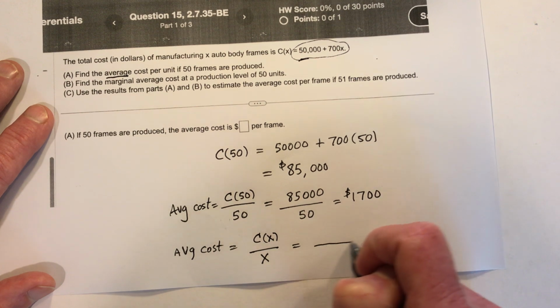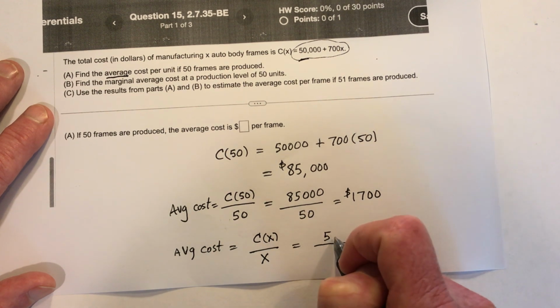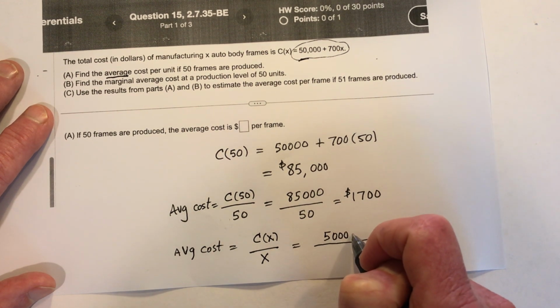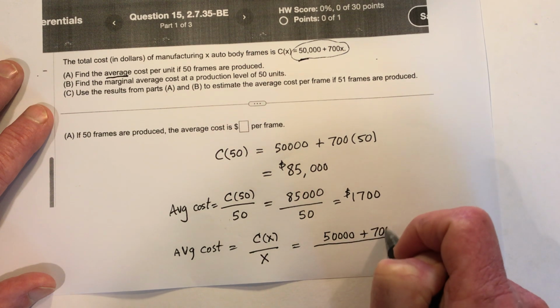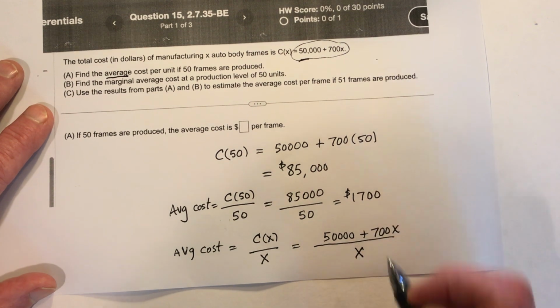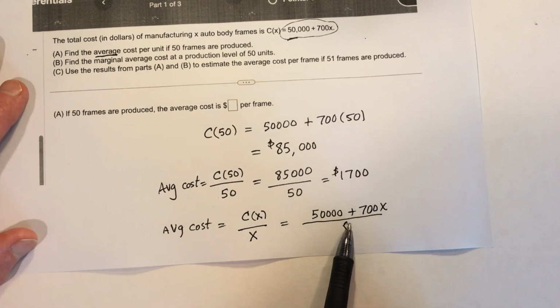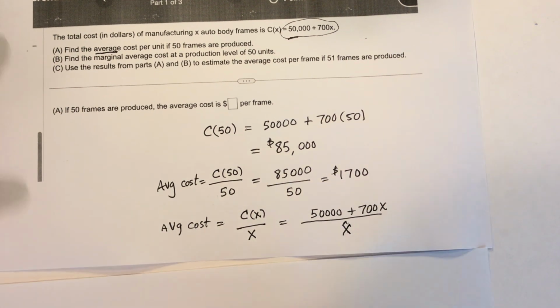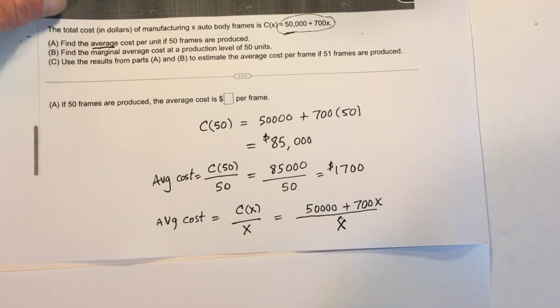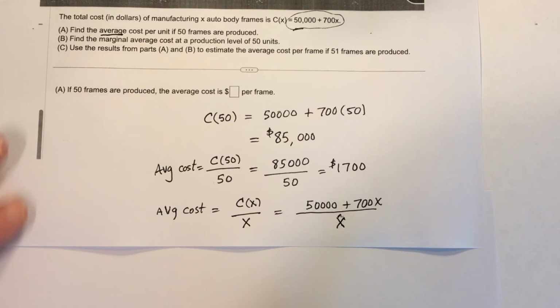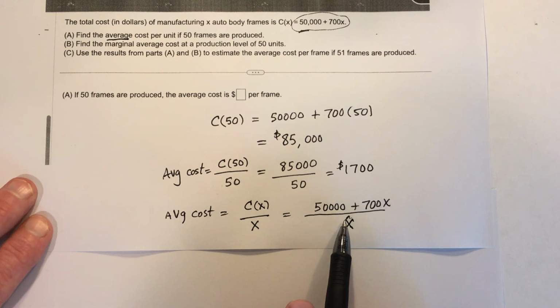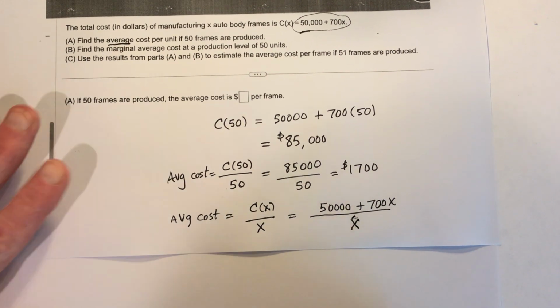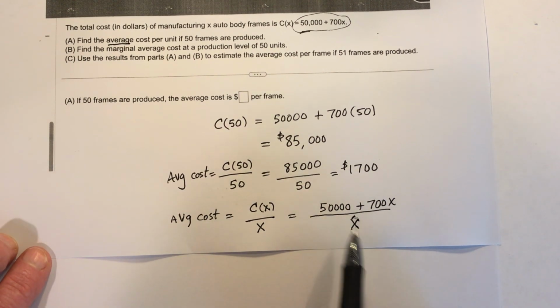So it's going to be take the function 50,000 plus 700x and then divide that by x. And then that is what we get to take the derivative of. So before I take the derivative of this, I'm going to break this up into two fractions.